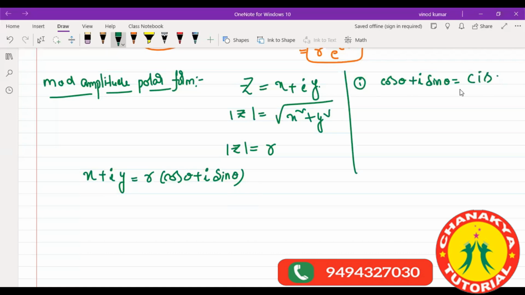C means cos, i means i, s means sin: cis theta. And you can also write e to the power of i theta. This is the exponential or Euler's form. Cos theta plus i sin theta equals e to the power of i theta is nothing but Euler's formula.